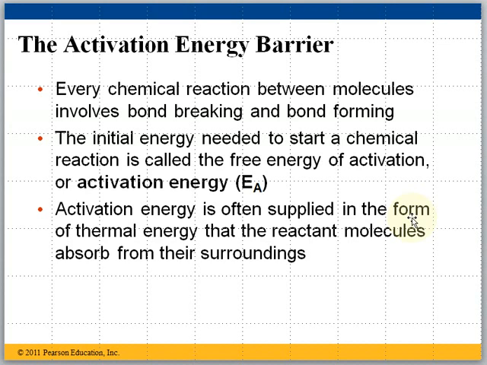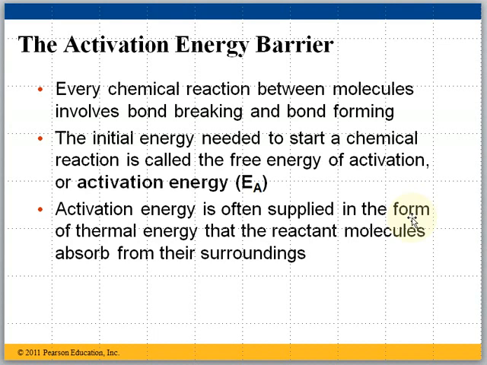Now, once it gets up there, it can go the rest of the way on its own. That's similar to a chemical reaction. This first hill that it has to get over, this hump that it has to get it started, is called the energy barrier, the activation energy barrier. So every chemical reaction, even chemical reactions that will occur spontaneously, have to overcome this initial activation energy barrier just to get the whole process started.